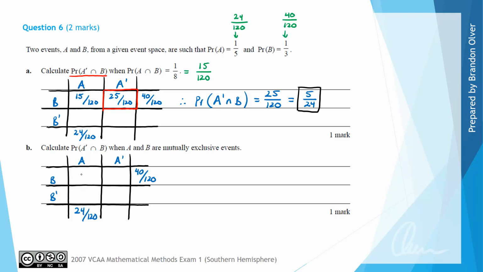Therefore, the probability of A intersecting B is 0. So once again, the probability of A complement intersecting B is this entry in the table, and 0 plus 40 divided by 120 is equal to 40 over 120. So the probability of A complement intersecting B is equal to 40 over 120, which simply equals 1/3. So that is the answer to part B of this question.